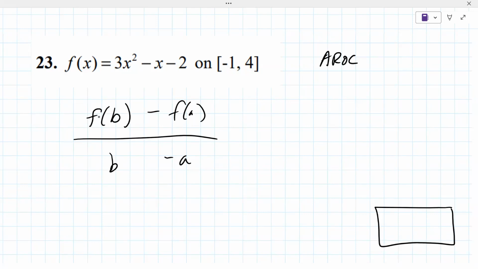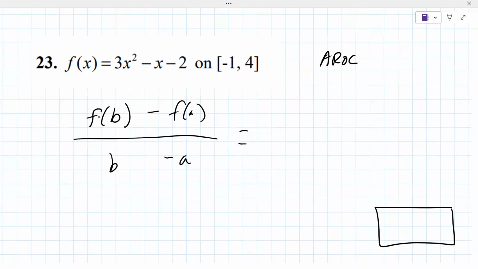Negative 3. 4. So, what the hell? Over. I got 8 for the final answer.